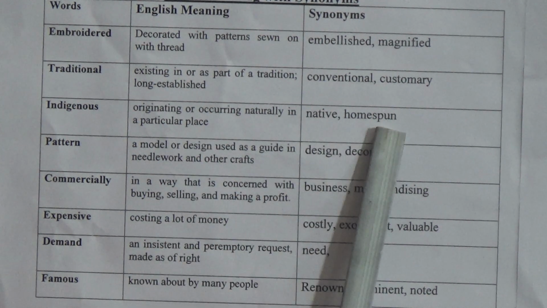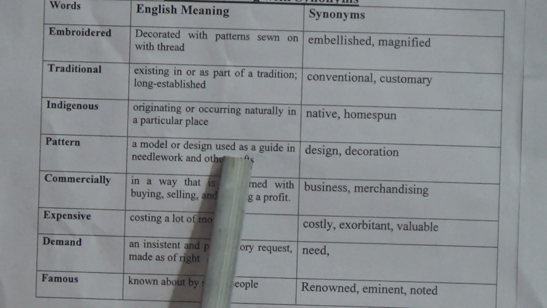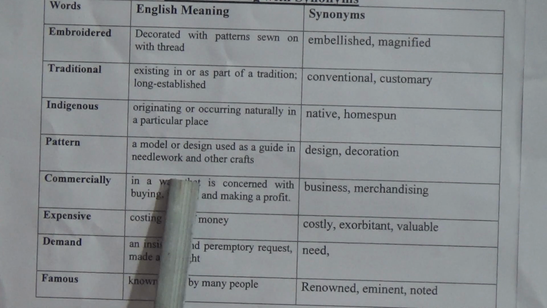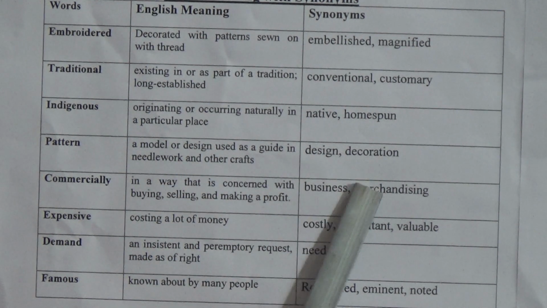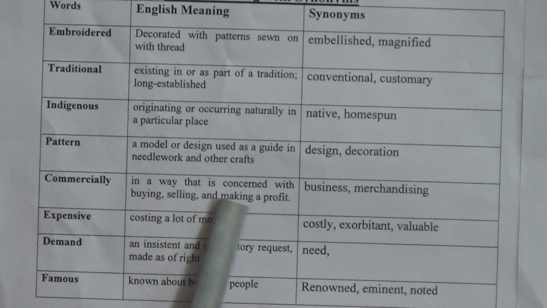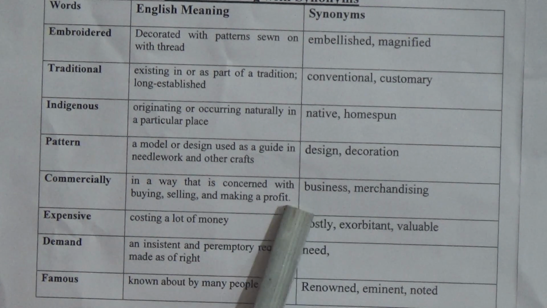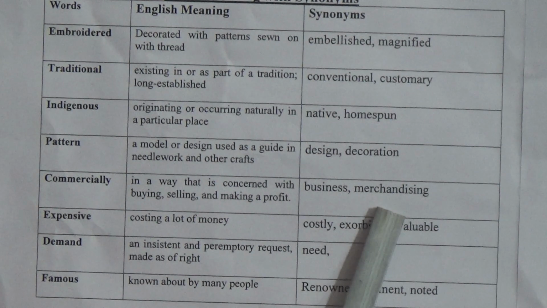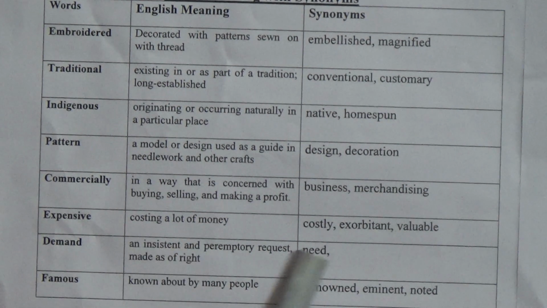Synonyms: native, homespun. Pattern: a model or design used as a guide in needlework and other crafts. Synonym: design or decoration. Commercially: in a way that is concerned with buying, selling, and making a profit. Synonyms: business, merchandising.